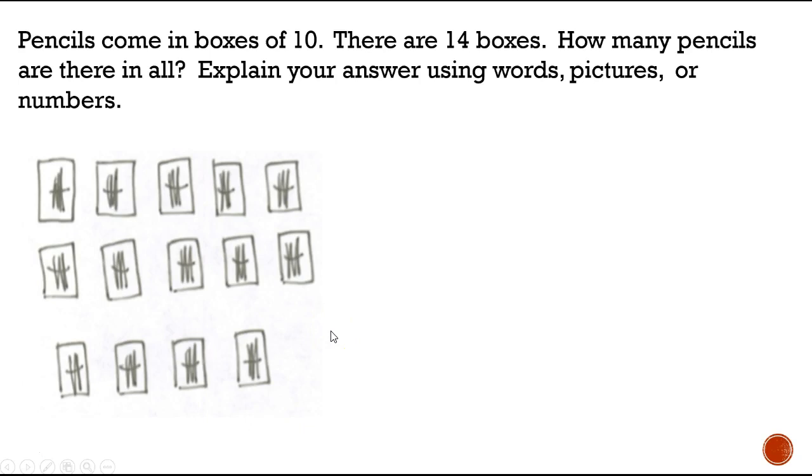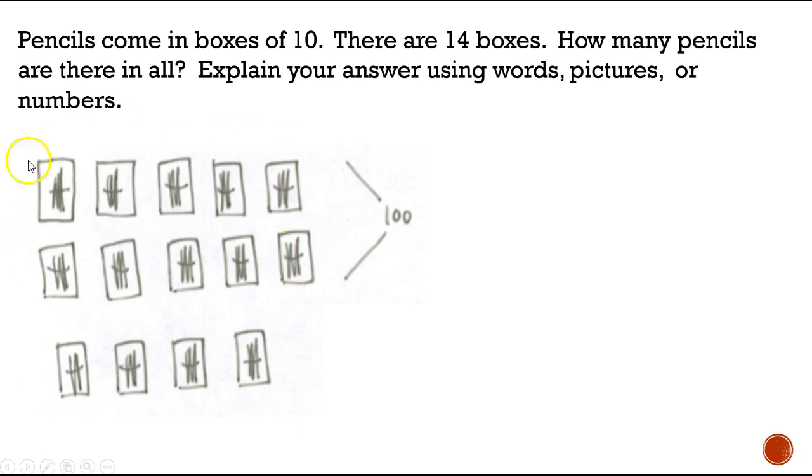Then I need to figure out how many is all in there. So I know that there are 10 tens in 100. So here's 10, here's 10, here's 10. Let's see, 5, 10.